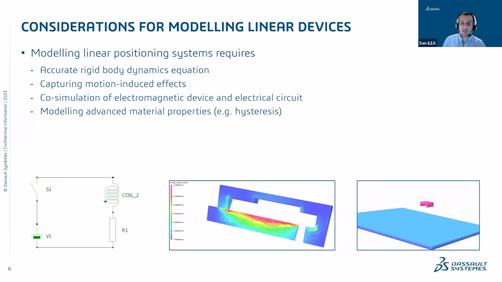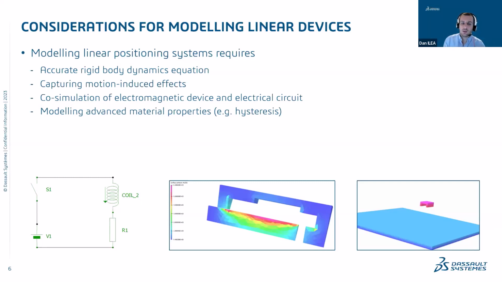Being able to model the accurate motion by defining a rigid body dynamic equation, where we can incorporate any friction, any loads, any viscous friction coefficients into the simulation, into the finite element simulation. Also, because we're talking about moving components, sometimes we do have induced currents, so motion induced effects. These also have to be captured and accounted for.